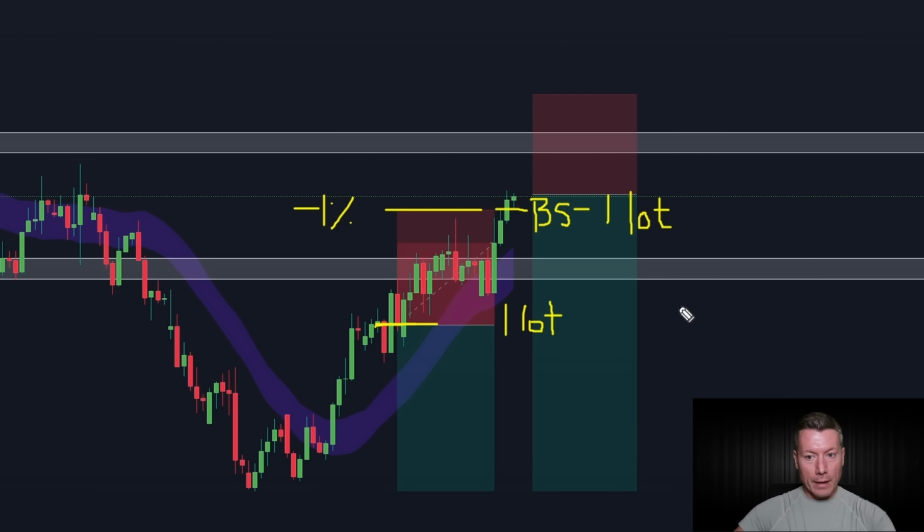Therefore we wouldn't be stopped out. At this point, we would be carrying a loss, but we would still be in an active live trade. We're just carrying the drawdown, a 1% drawdown.